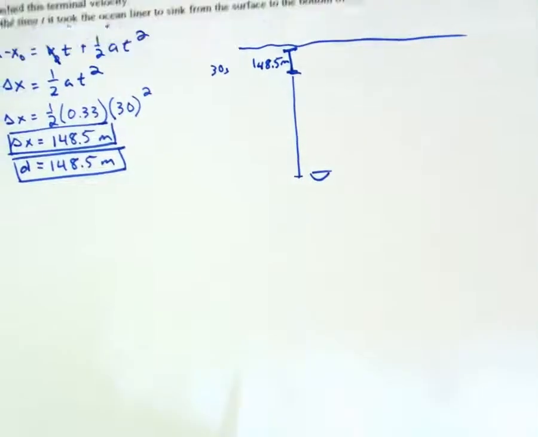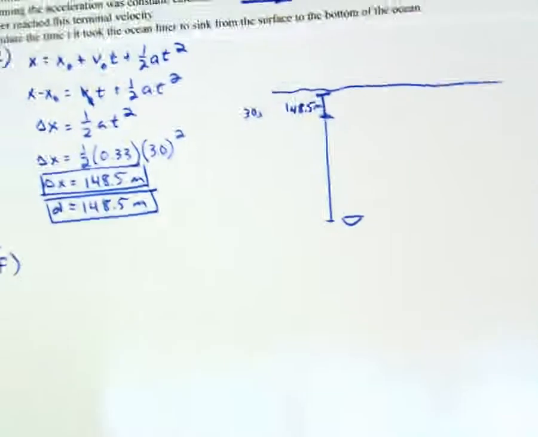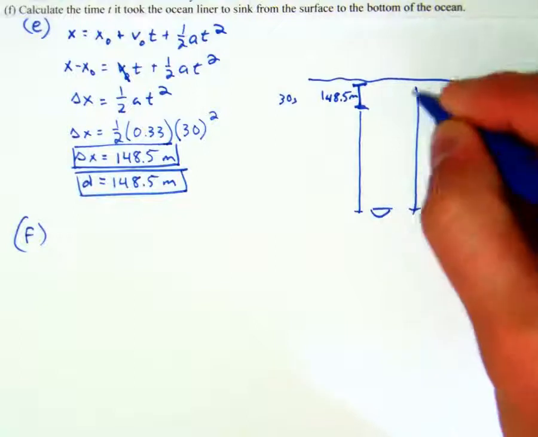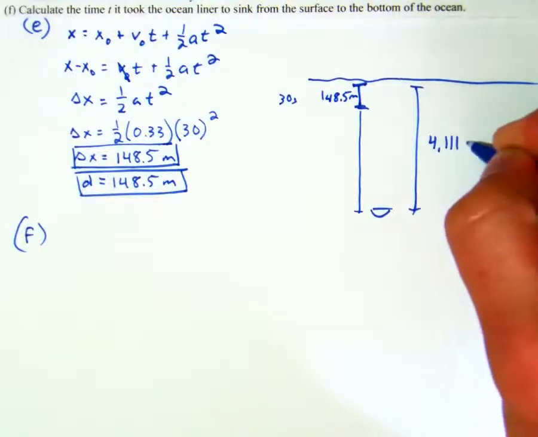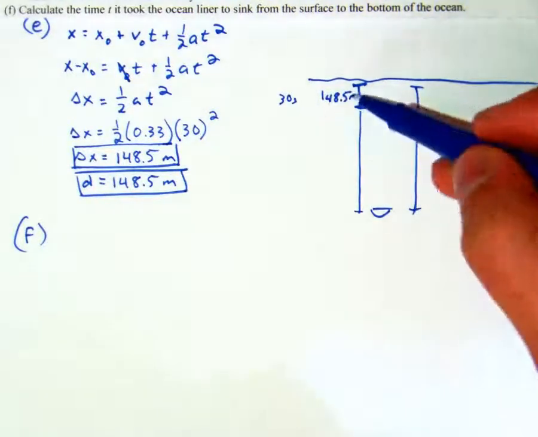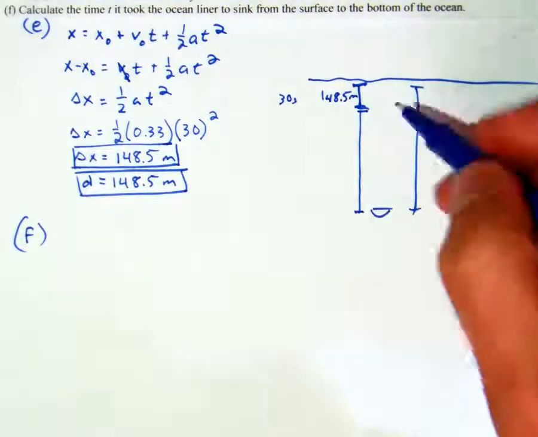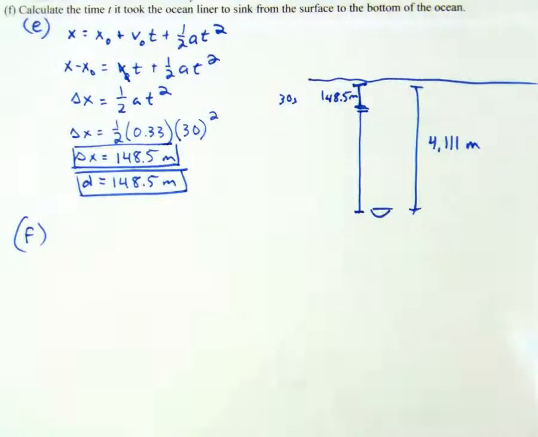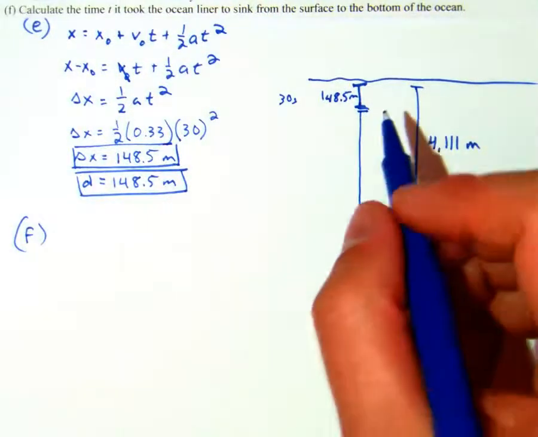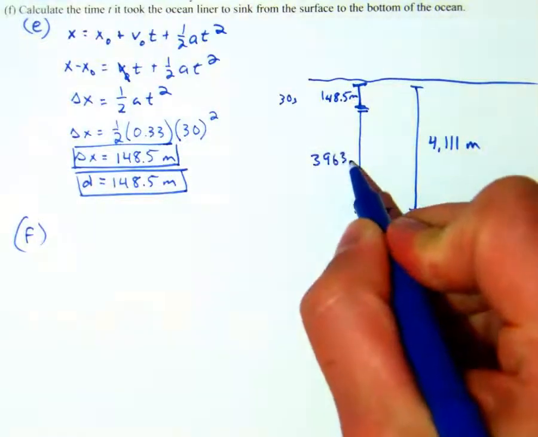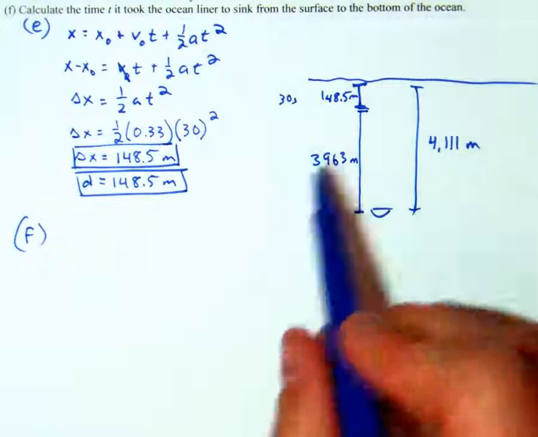So the total depth is going to be 4,111 meters. I took care of 148.5 meters as it accelerates. Now the rest of this distance is going to be 4,111 minus 148.5, which is 3,963 meters.